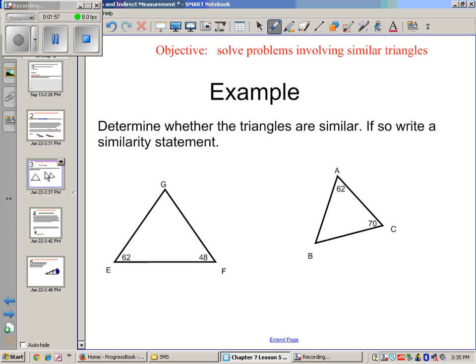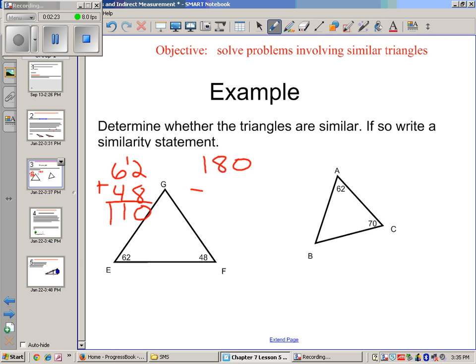Let's try to find out what angle G is. What we need to use is the measurement of a triangle: the three angles of a triangle equal 180 degrees. We're going to take our 62 and 48. Let's take 62 plus 48, and that is going to leave us with 110 degrees.